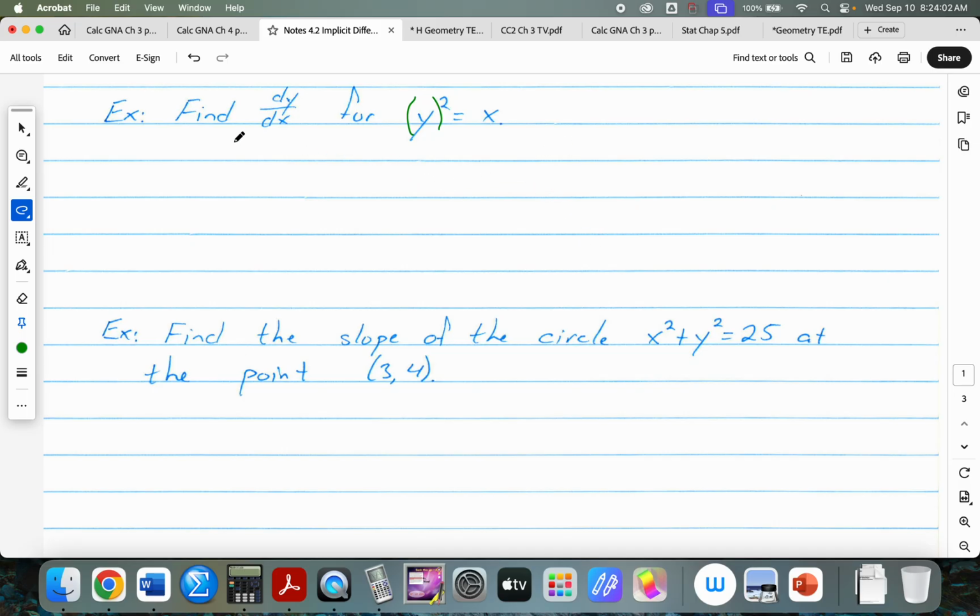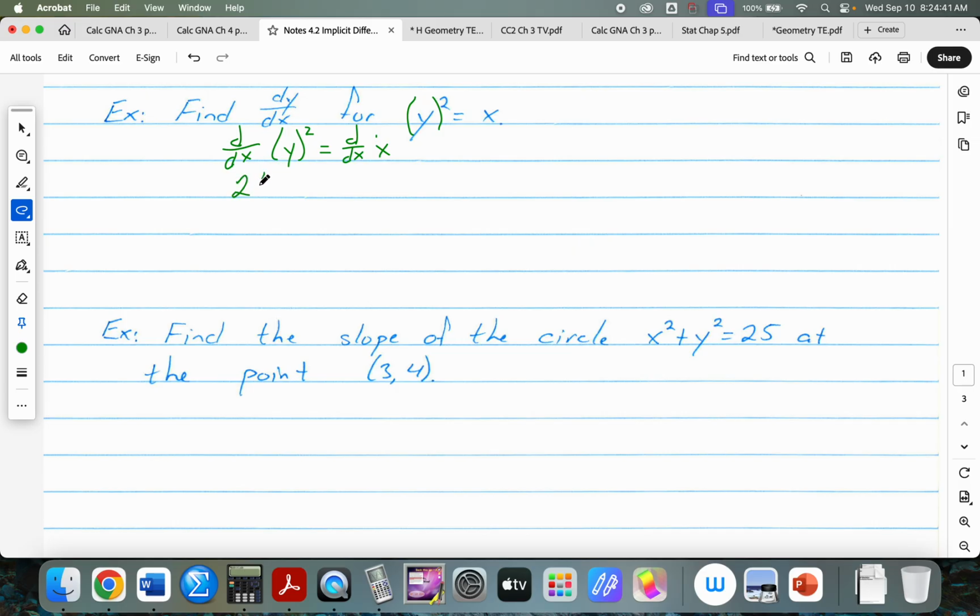So what we're going to do, and almost never does anyone take the time to write this, and that's okay, is take the derivative with respect to x of y squared, which is equal to the derivative with respect to x of x. Because y is an unknown function of x, we have a composite function here, so to take its derivative, we apply the chain rule.